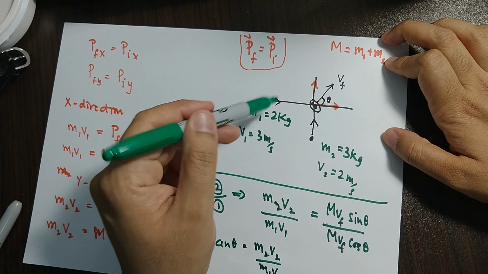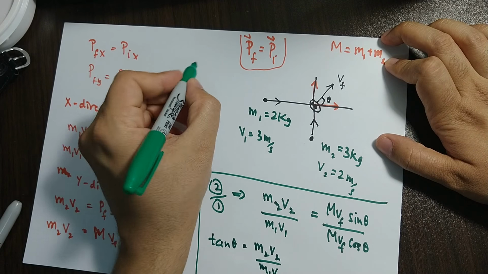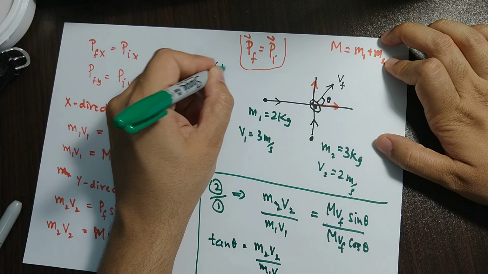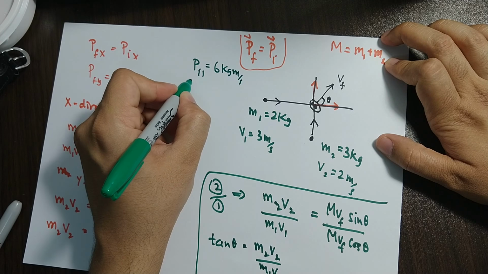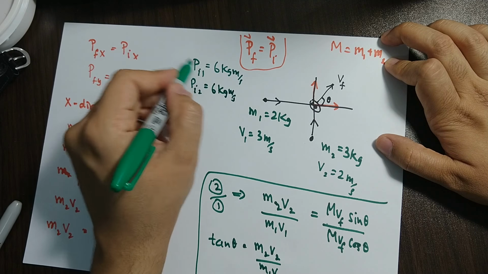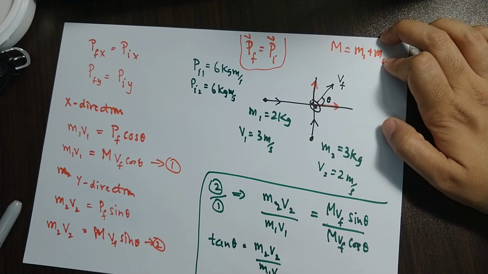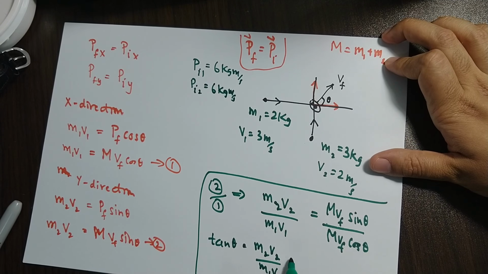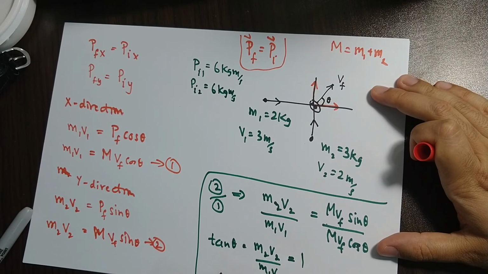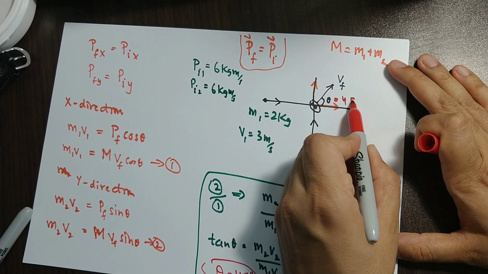Now you can see that the momentum of particle 1 is just 6 kilograms meters per second, and the momentum of particle 2 is also 6 kilograms meters per second. The product is the same, 2 times 3 is also 3 times 2, so we just get 1 over here. So theta is tangent inverse of 1, which is 45 degrees. So that's our angle, theta is 45 degrees, okay?